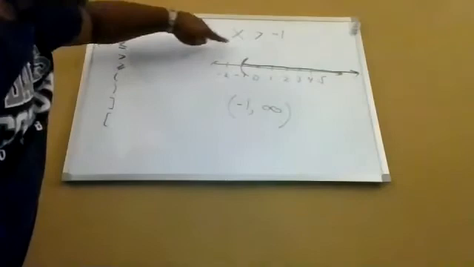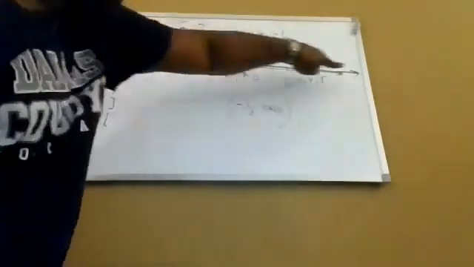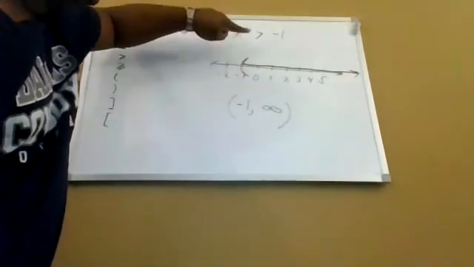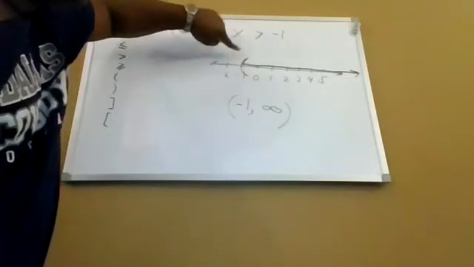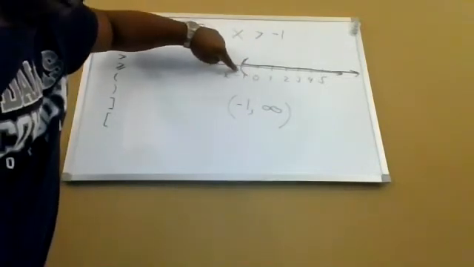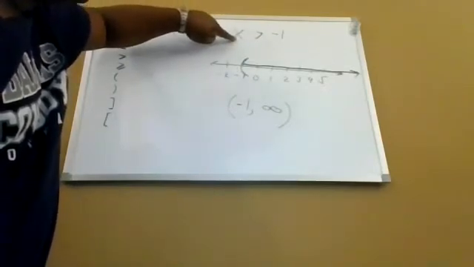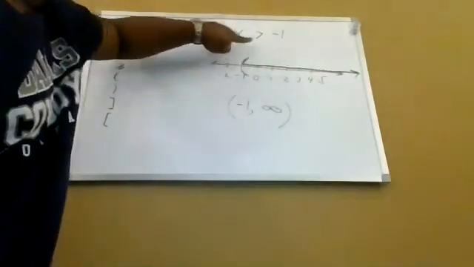Let's go back for a second. Inequality, x greater than -1. When I graphed it, I started at my point -1. Because it's greater than, I'm going to use parenthesis at the point x equals -1. I need all my values that are greater than -1. But what values on this number line are going to be greater than -1?